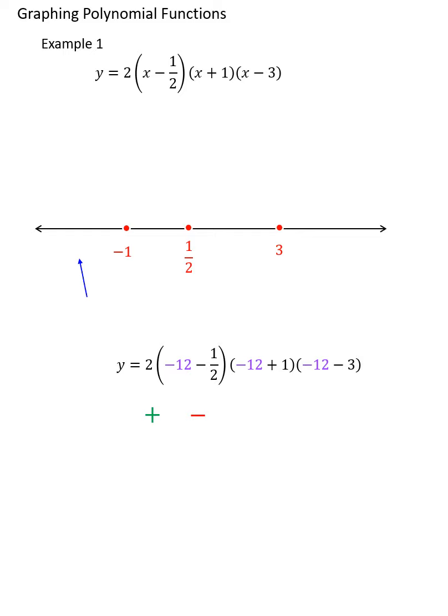The next set of parentheses has a negative result. The number itself I'm not interested in. And the last parentheses has a negative result as well. Now, could I actually multiply these four numbers together? Sure, but it might not provide me with a lot of meaningful information. After all, my goal here is simply to determine whether the result of this multiplication would be a positive number or a negative number.